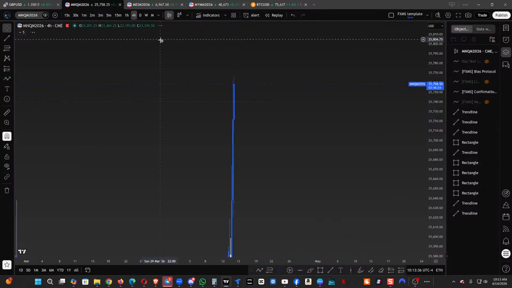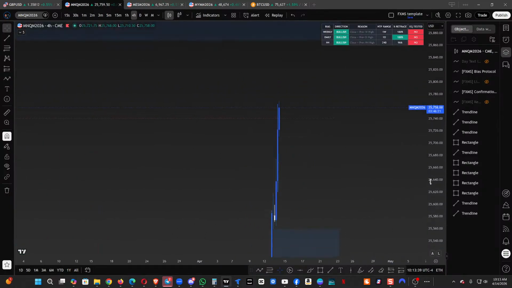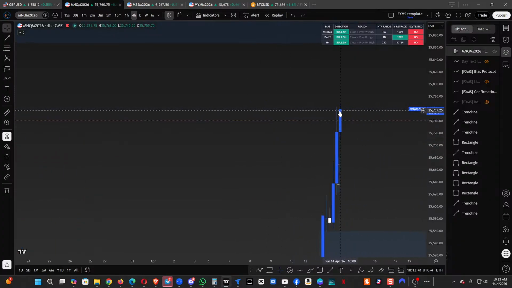All right, how did we close on the 4 hour? We did close underneath. So you can see here we did get a closure underneath.